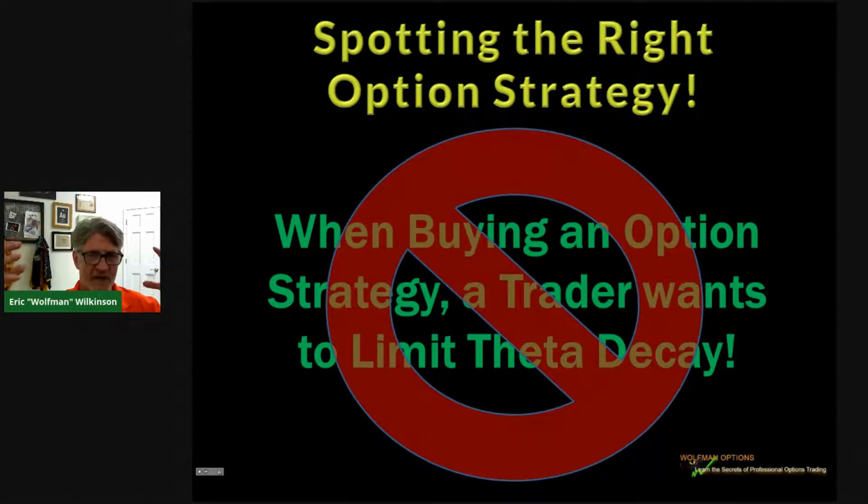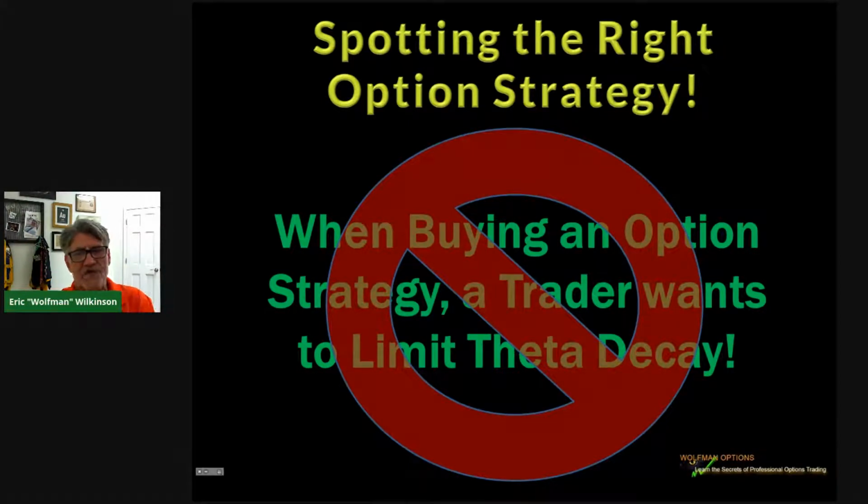Some of you folks might be thinking, all right, well, we were talking about long. Well, with the butterfly, remember, the long butterfly, whether it's the call or the put, usually when we get long options, we need a big move to happen. I talked about that a little bit earlier: you buy a call, you want that thing to move, right?